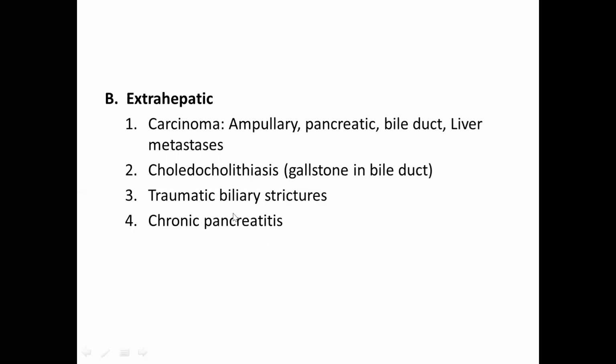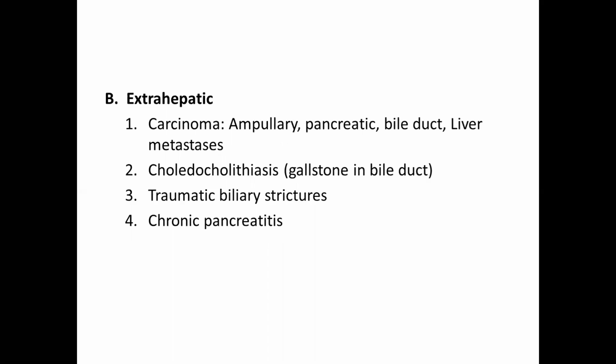Next one is strictures. Again, the strictures, mostly traumatic, will cause obstruction to the transport of bilirubin, and lastly chronic pancreatitis. So this is all about the bilirubin metabolism, classification and etiology of jaundice.